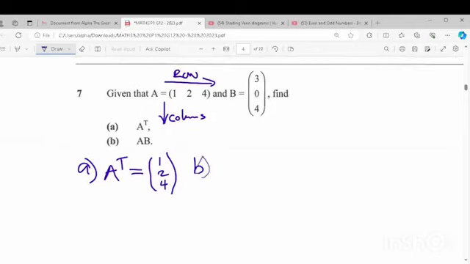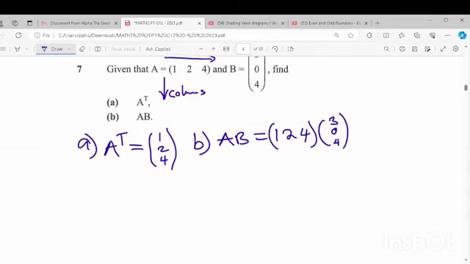At B, they want you to find the product of the matrices A and B. So the matrix A is (1, 2, 4), multiplied by the matrix (3, 0, 4). When multiplying matrices, you multiply row by columns.